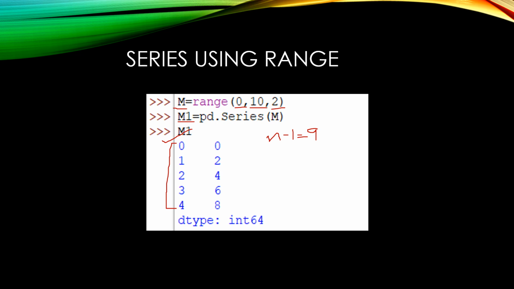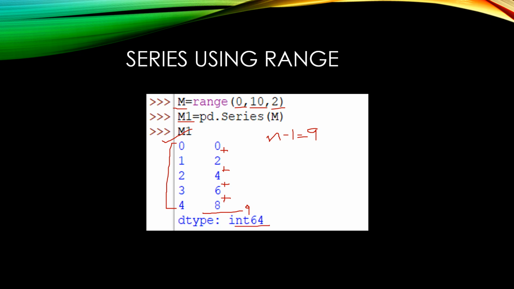The values, as we have defined in range, it takes 0 first as it's the start value, plus 2 it takes 2 as the second value, plus 2 it takes 4 as the third value, plus 2 it takes 6 as the fourth value, and plus 2 it takes 8 as the fifth value. However, adding 2 to 8 gives 10, but the range was only 0 to 9 as the stop value was 10, so it has not printed 10. The dtype here is int64 as the values are numerical.